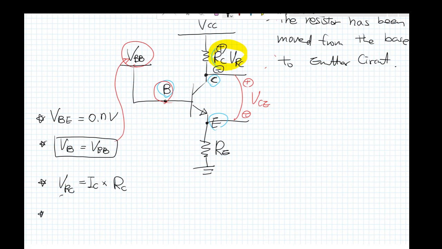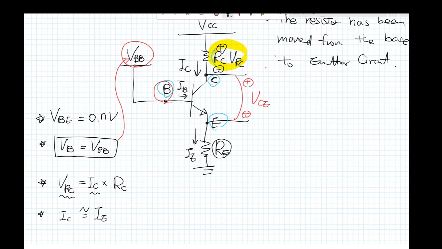And to find V sub R sub C, we have to know I sub C. What is I sub C? So I sub C is equal to beta times I sub B. But that is really similar to the current passing through the resistor R sub E, like this one. This is I sub E. That is I sub B. That was I sub C here. Okay.